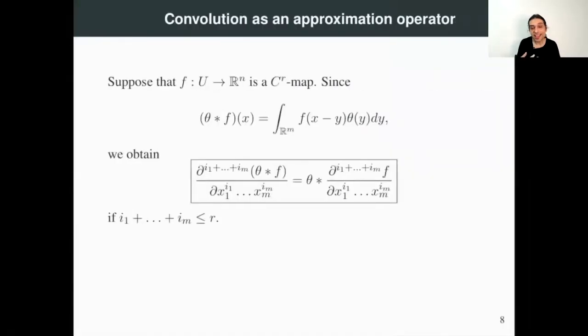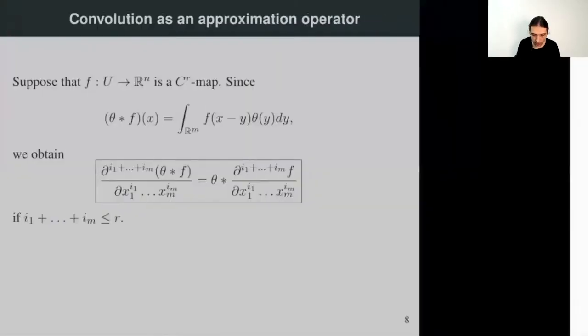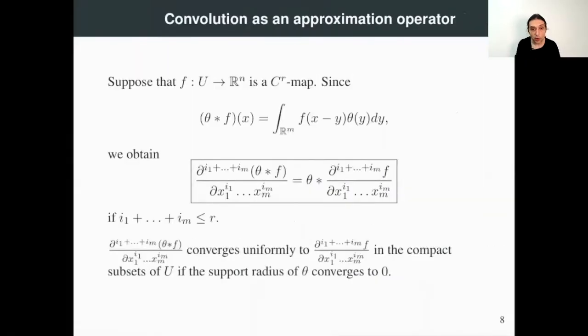And why is that interesting? Because these derivatives of order up to R, that's really important, converge uniformly to the corresponding derivatives of f in compact subsets of U. And what kind of convergence are we talking about?